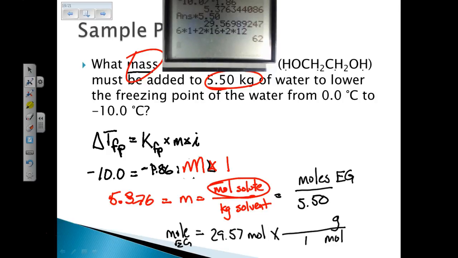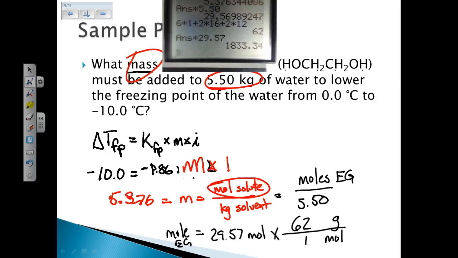So that's 62 grams. And so now we can take 62 grams times 29.57, and we get 1,833 grams of ethylene glycol to lower the freezing point of water by 10 degrees.